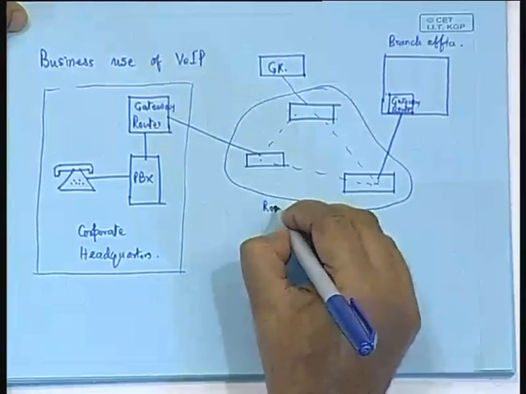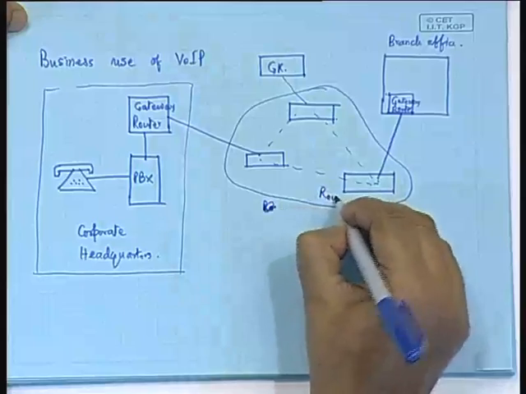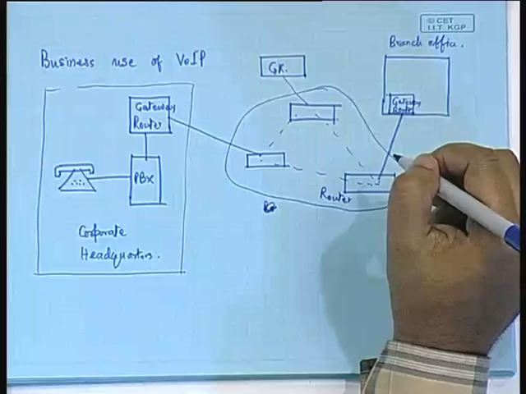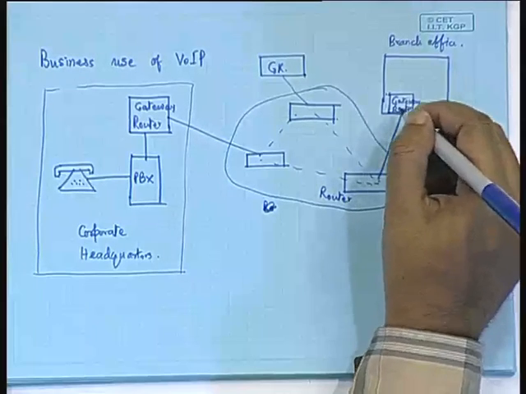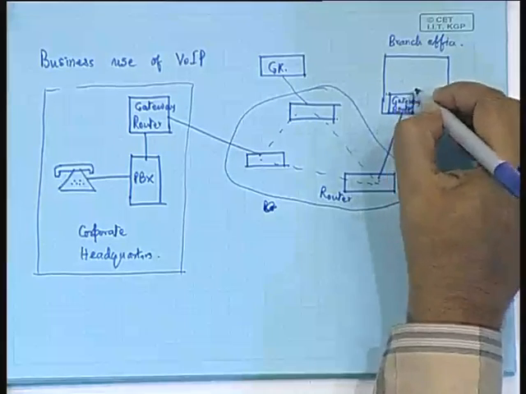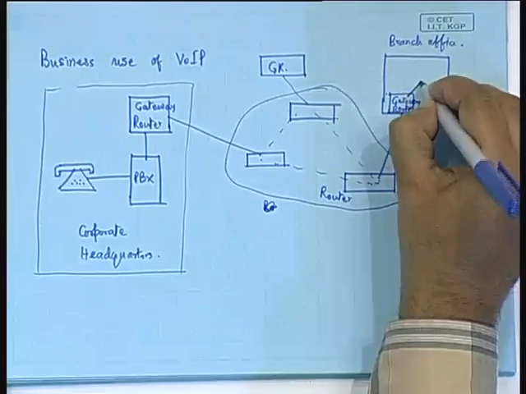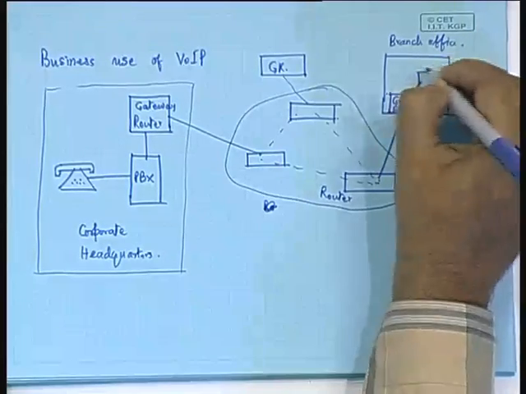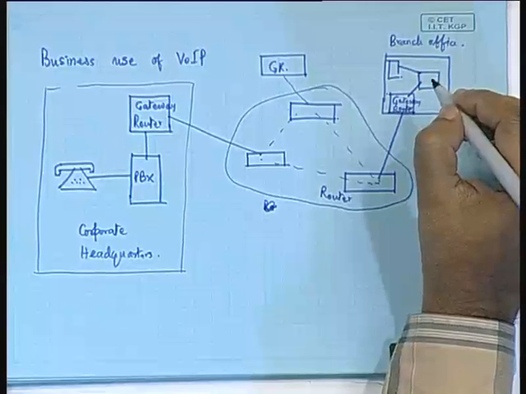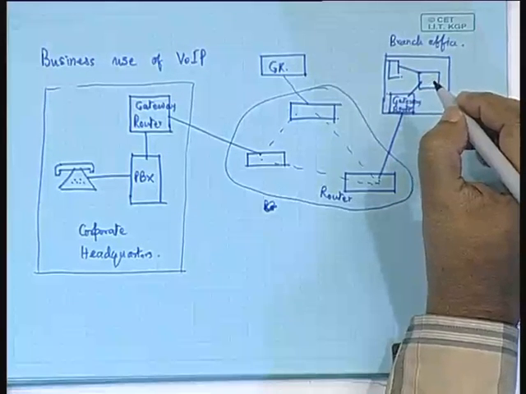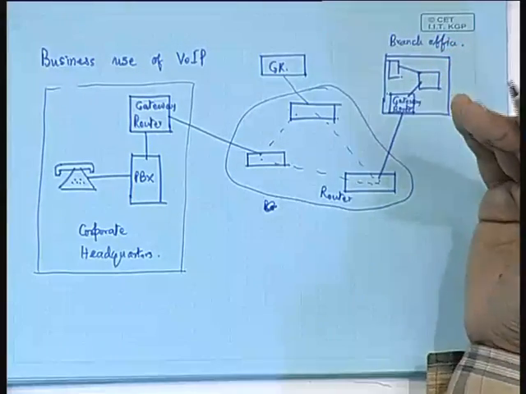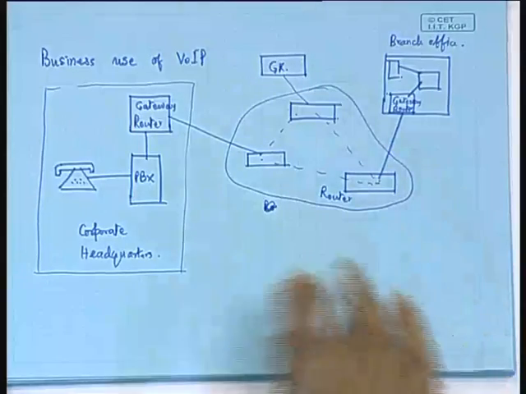This is the router network, which could be in the wide area network, but again in the branch office we must have a router, and we must have a PBX, and the telephone, and also there could be a gateway which is connected to the central office, and to that the PBX could be connected. So, like this we can realize.